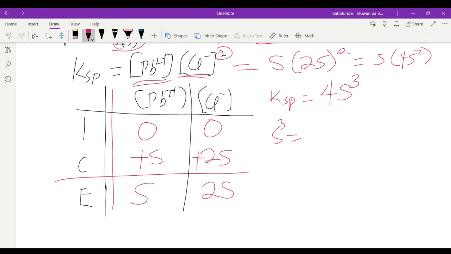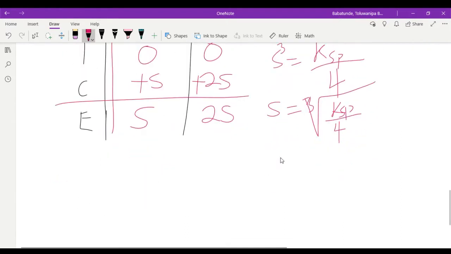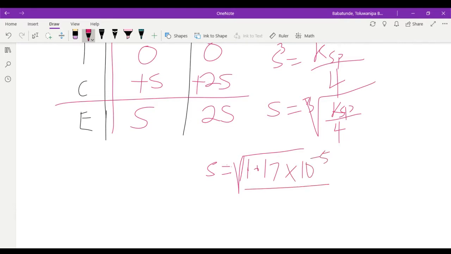So S cubed is going to be Ksp over 4. And of course, we are looking for S, not S cubed. So our S is going to be the cube root of Ksp over 4. In this case, we know that our Ksp is 1.17 times 10 to the negative 5, so it's going to be the cube root of 1.17 times 10 to the negative 5 over 4.